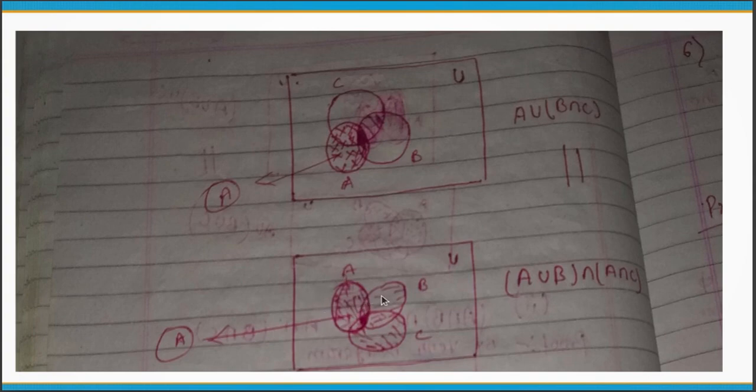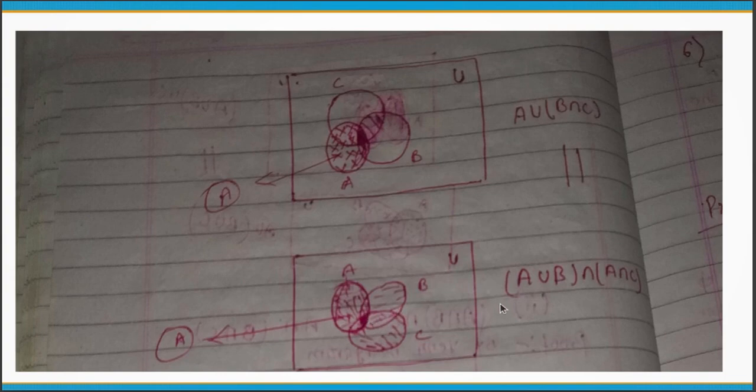Means element of set A all, and union with B. Element A union B means A union B. This is the whole part A union B and this is the part.